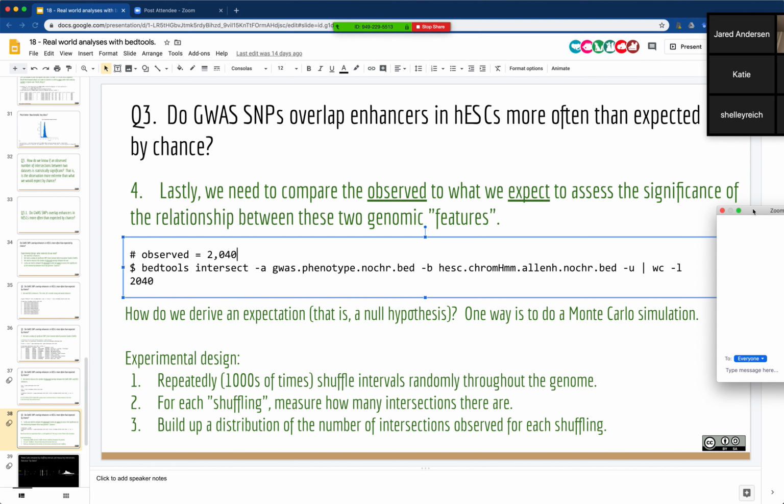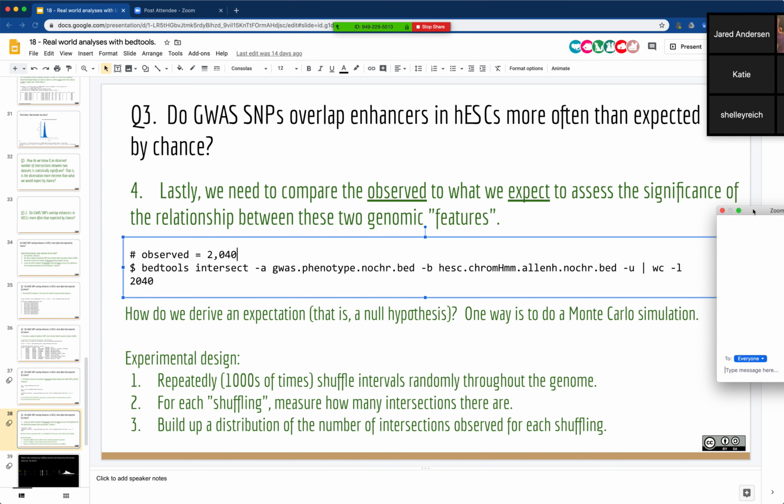Each time we shuffle the location of the intervals, we ask what the intersection is for each iteration of the shuffling. Concretely, we would take all the GWAS SNPs and all the enhancers. They have their stated locations in the bed file.